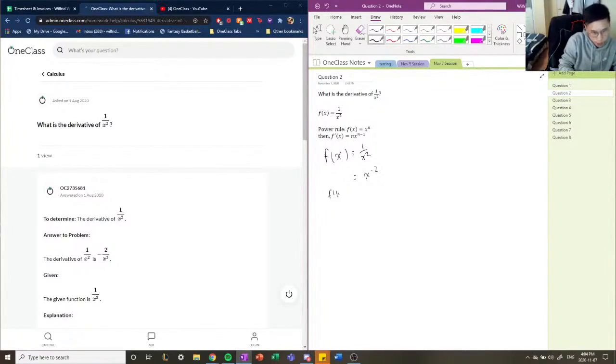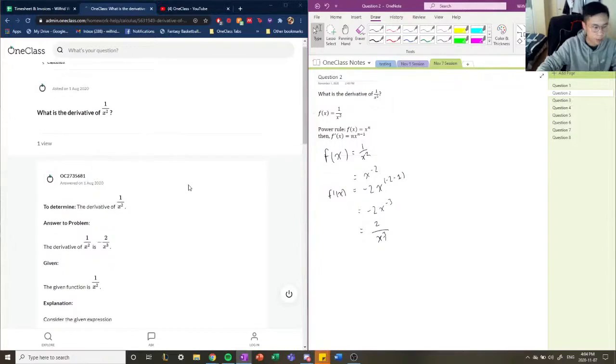So now with f prime of x, we're going to take this negative exponent, as you guys can see here, and move it down as a constant multiplying this variable. We're going to write our variable, and we're going to say -2 minus 1. And the final function is -2 times x to the power of -3, and I'll write it back in original form, which is this. So this is the derivative of our function f of x.